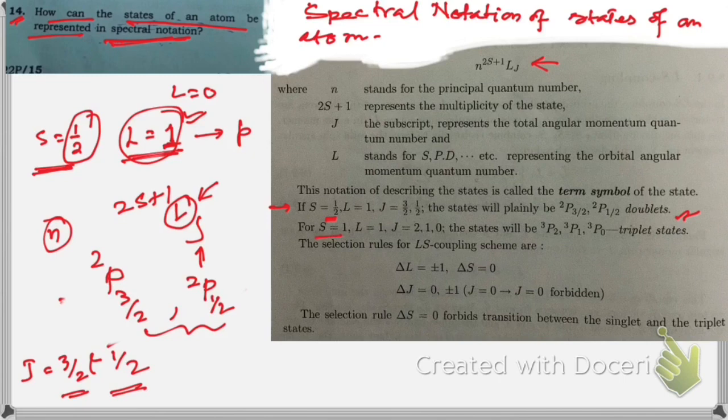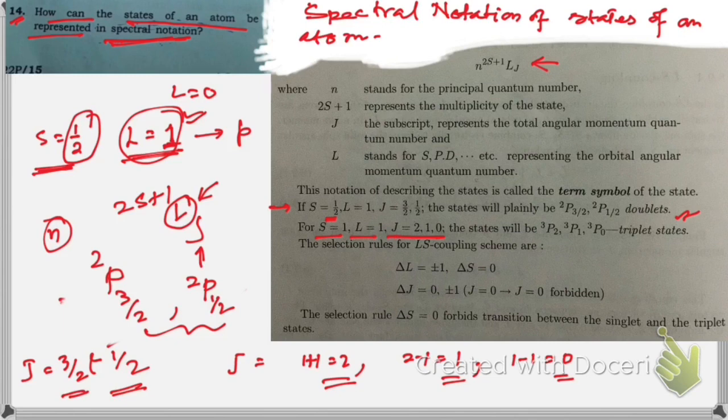Similarly, you can explain this also. For S equal to 1 and L equal to 1, you are going to get these values of J. J will be L plus S, that's 1 plus 1, which is 2, then L plus S minus 1, that means 2 minus 1, which is 1, and then L minus S, that is 1 minus 1, which is 0. So you get these three values, which gives a triplet.